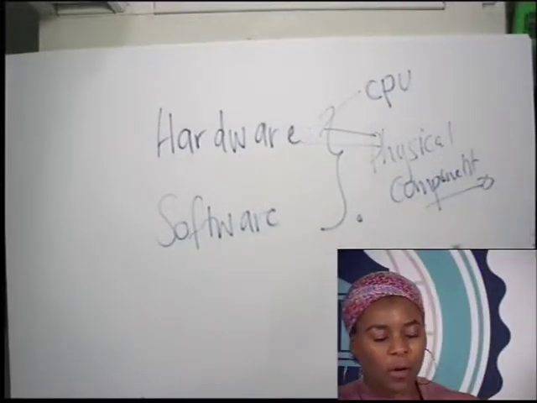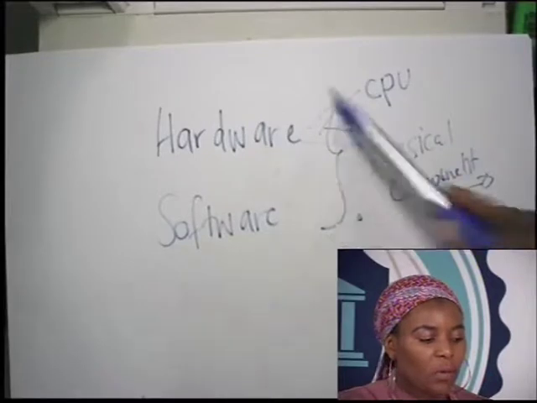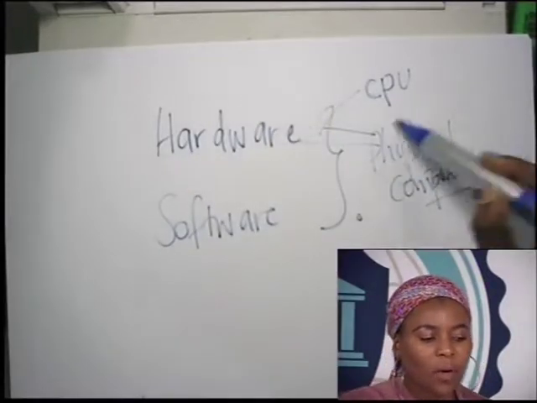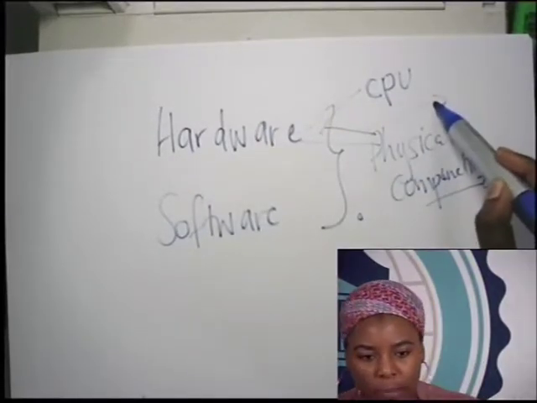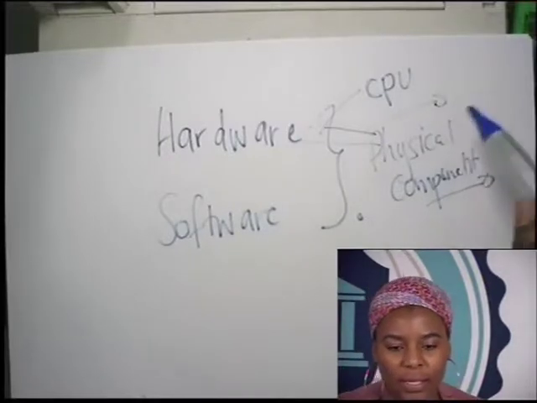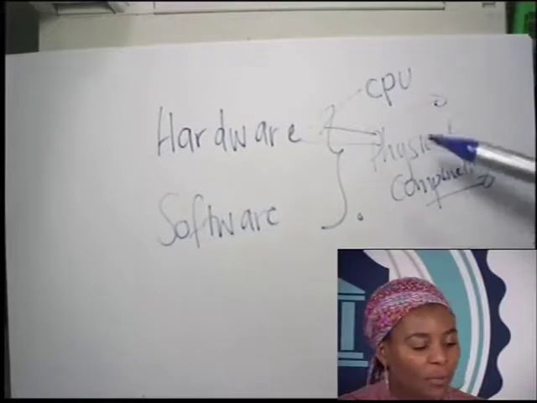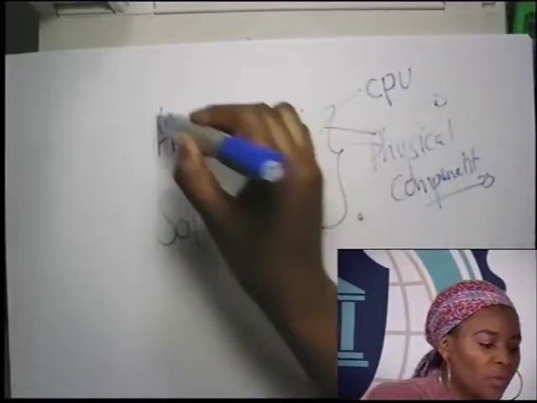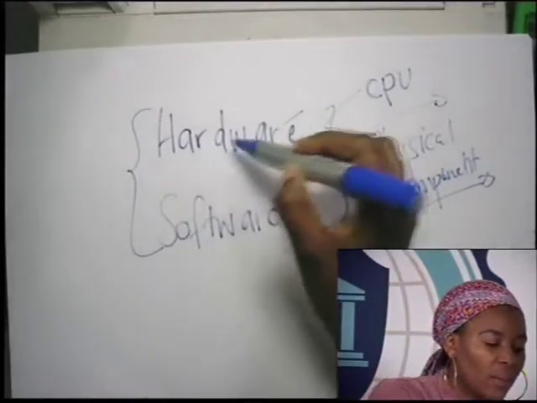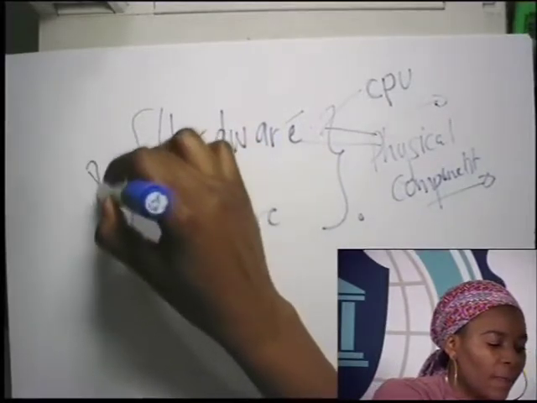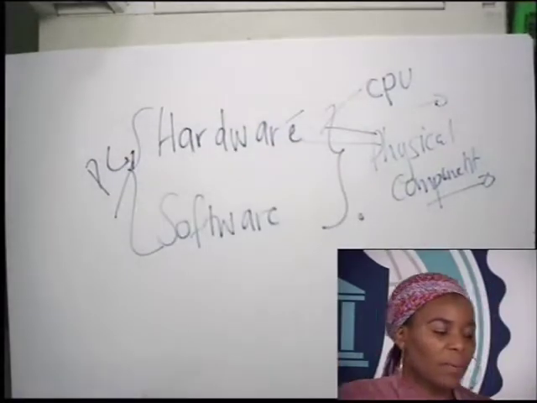It is made up of a CPU or a microprocessor, which is like the brain of the whole computer. So a computer is made up of hardware and then software. That's what makes up a PC.